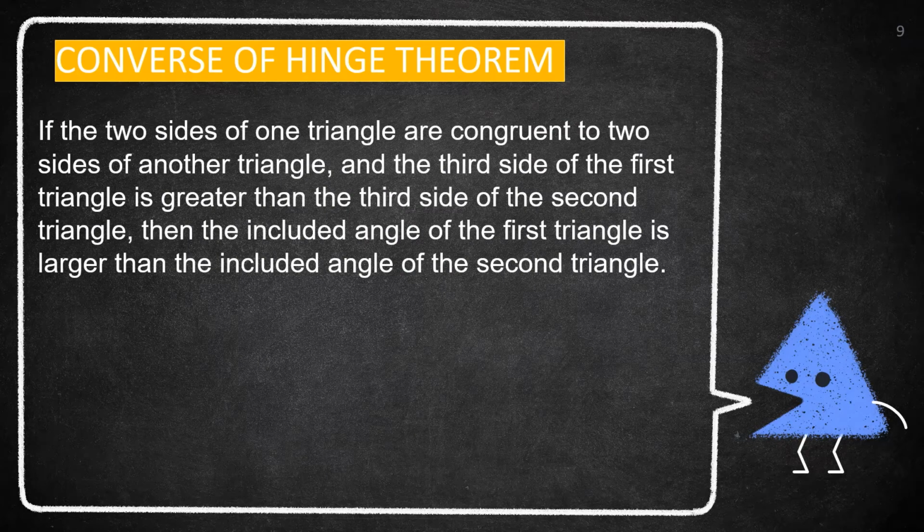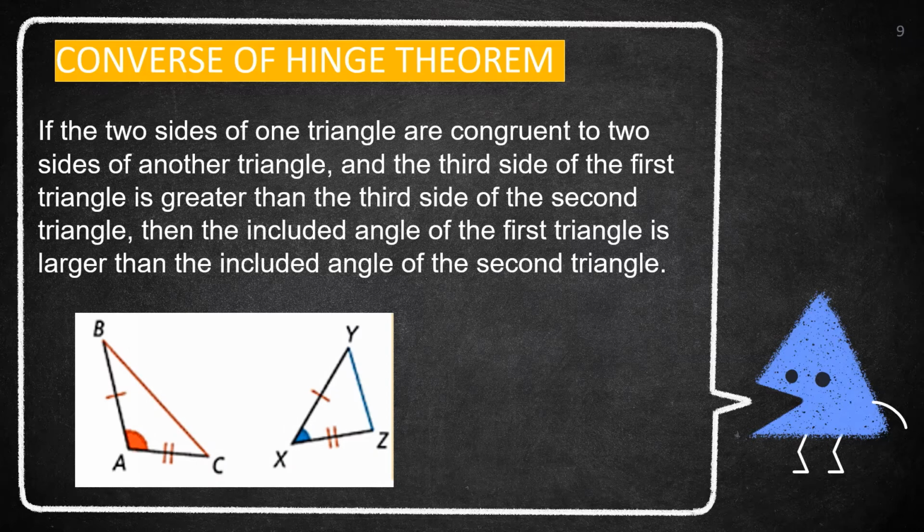Now let us have the converse of Hinge theorem. It states that if the two sides of one triangle are congruent to the two sides of another triangle, and the third side of the first triangle is greater than the third side of the second triangle, then the included angle of the first triangle is larger than the included angle of the second triangle. So let us see in the given figure.